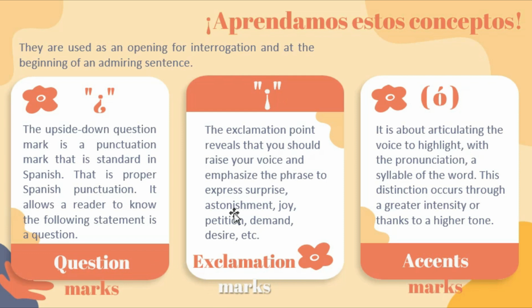The exclamation mark reveals that you should raise your voice or emphasize the phrase to express surprise, joy, or even desire. For the accent mark, it is about articulating the voice to highlight with the pronunciation; this distinction occurs through a greater intensity or a higher tone in your voice.